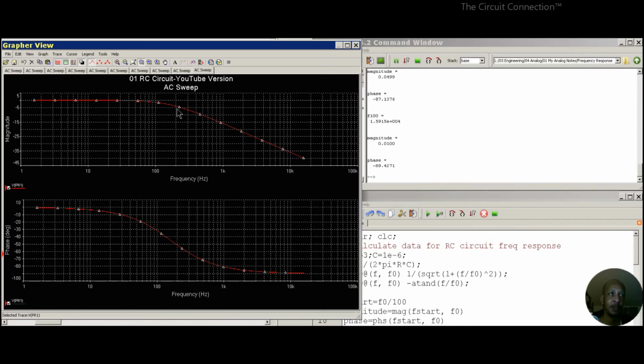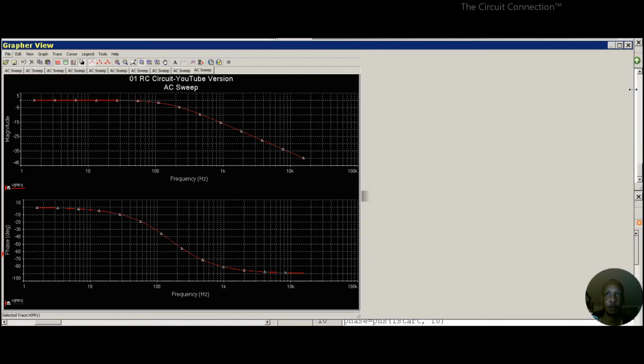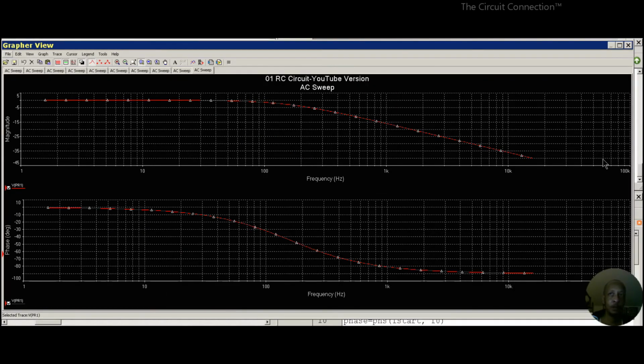So that's one useful part of plotting it in that way. And then another useful part to it is that anytime that you see 0 dB, it means that there is no gain. It means that what you put in and what you get out is the same. There is no gain at 0 dB.